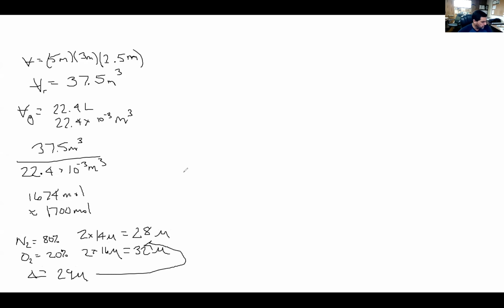Okay. But I need to break this down. So the 29 becomes, so 1 mole is going to be 29 mu, which is equal to 0.029 kilograms per mole.